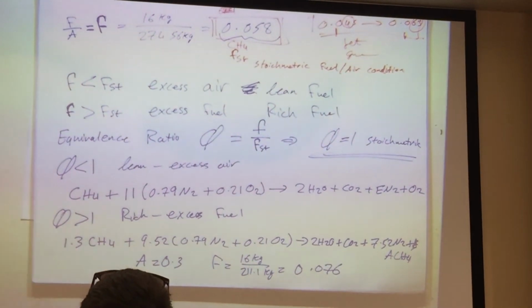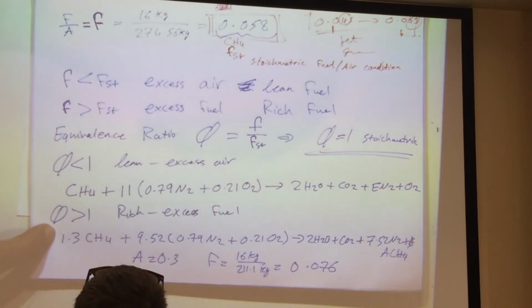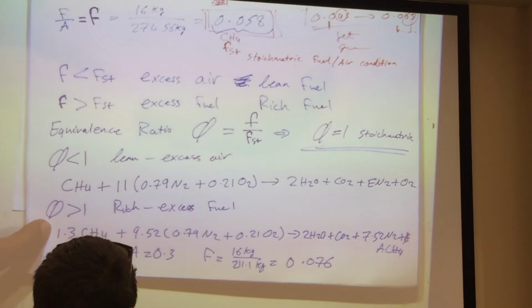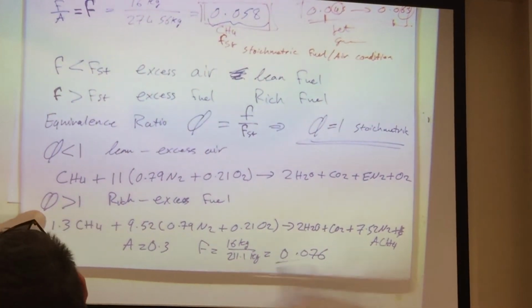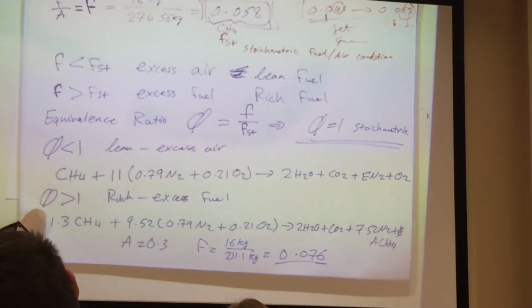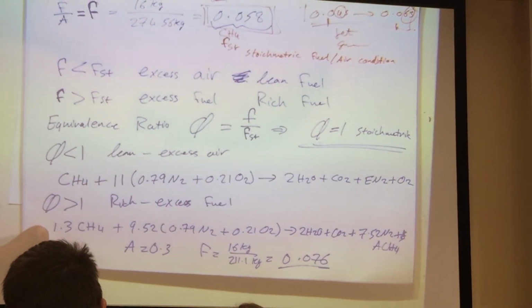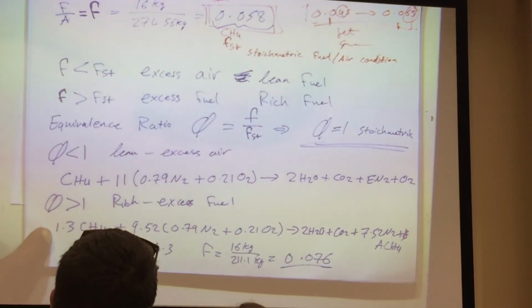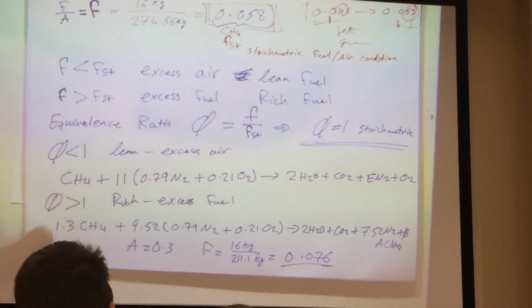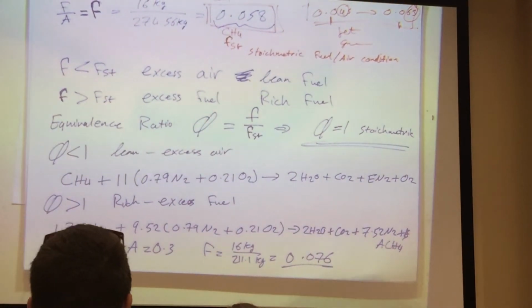Now notice it's on the higher end, but it's what? It's fuel rich for this problem. It's not stoichiometric. Right? This is higher than this, because I put too much fuel. I put too many molecules of fuel, 130% of what I'm supposed to put to get the stoichiometric condition. So that's why it's rich. So essentially that's what it is, just ratios in general.